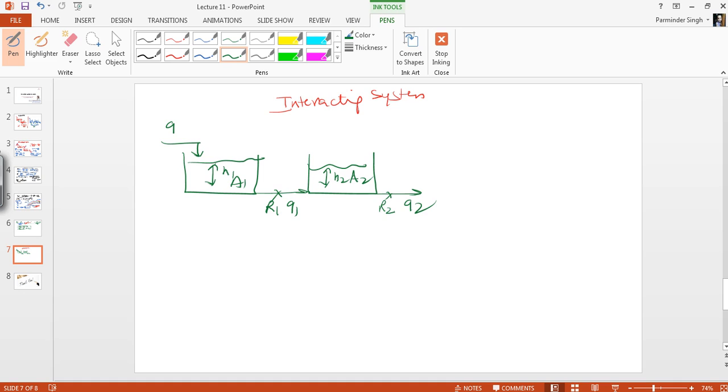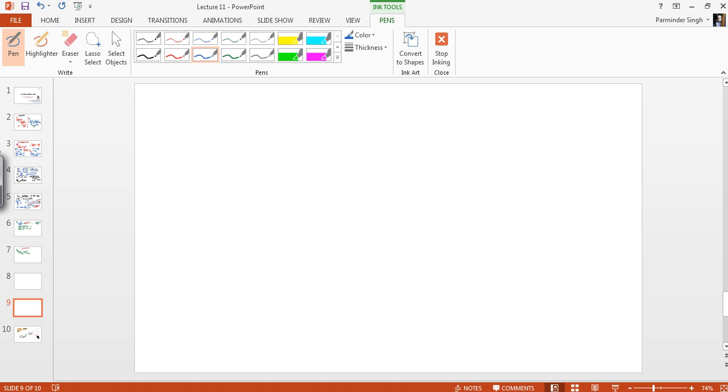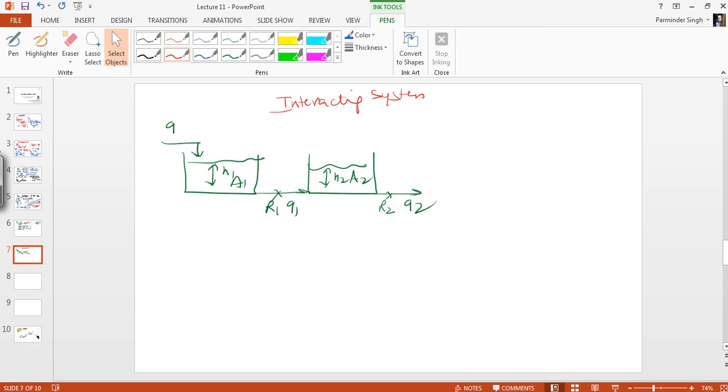Now for this thing, again the things are quite a bit different from what we did for non-interacting systems. Let me add 2-3 slides before moving towards solving this thing.